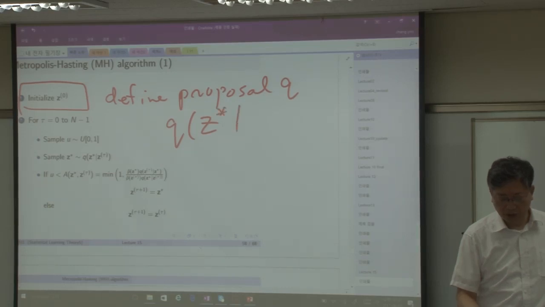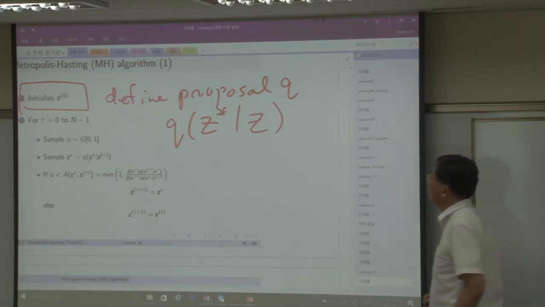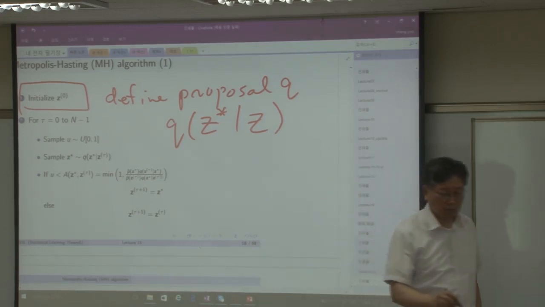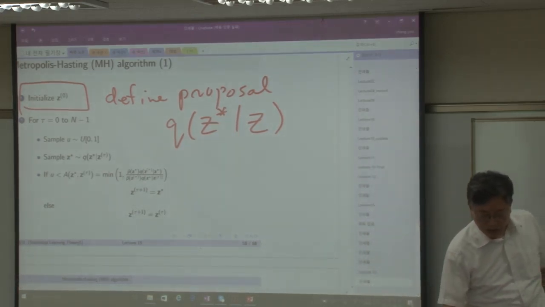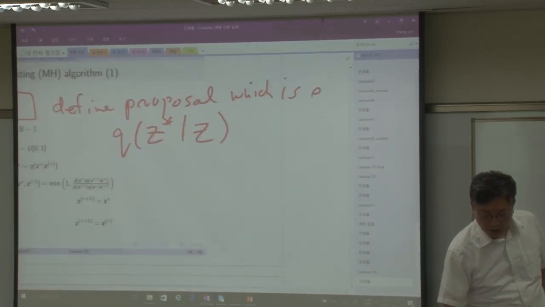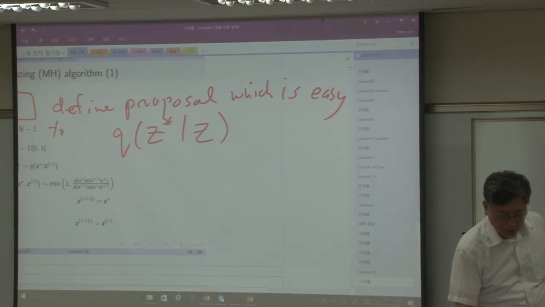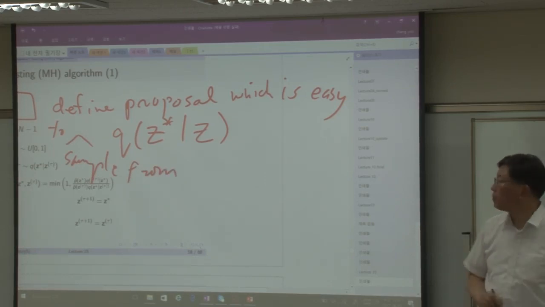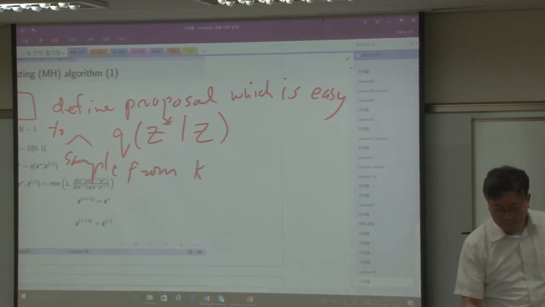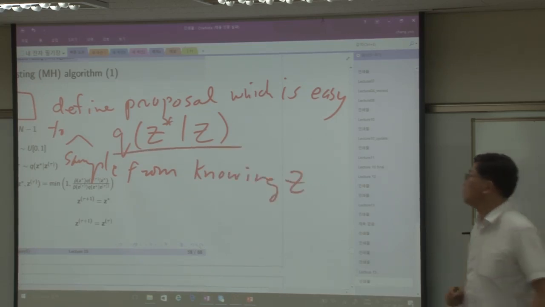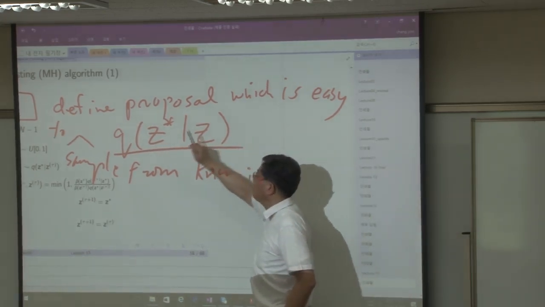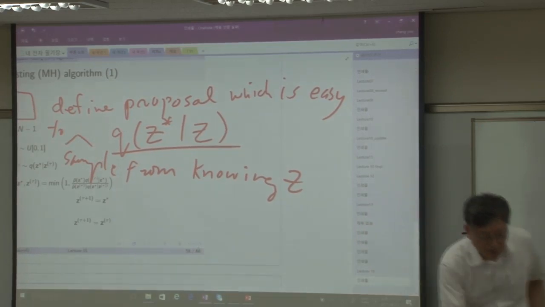It's a conditional distribution, proposal Q, which is easy to sample from knowing Z. So if I know Z, then Z prime, Z star is very, very easy to get.